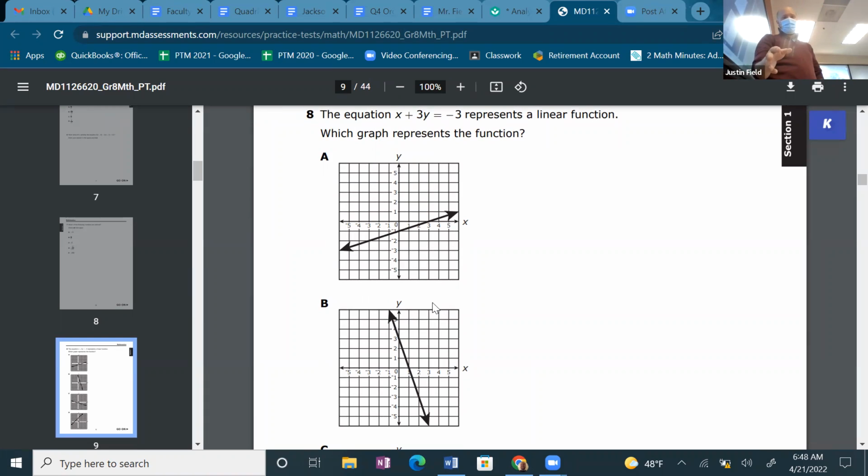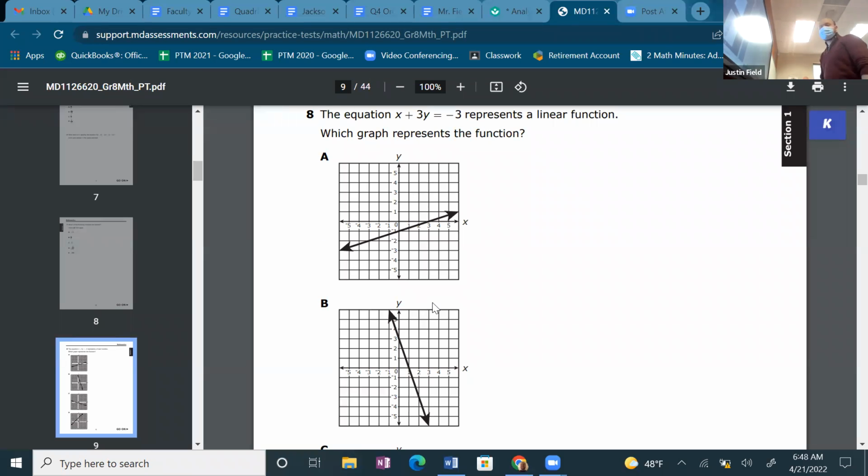All right, so here we have the graph of a linear function. What form is it in? Standard. It's in standard form. You see, you need to know your forms. What's the other form? Slope.